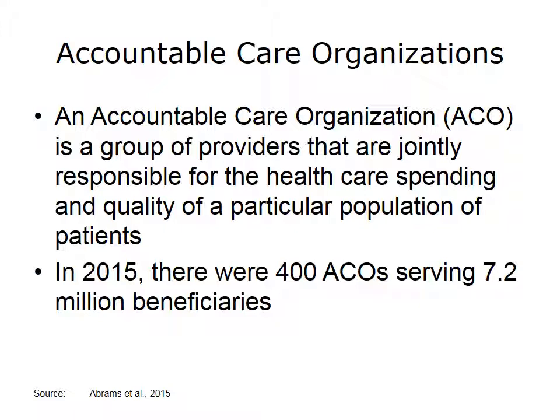ACOs are responsible for providing high-quality, coordinated care to patients while sharing care delivery and financial responsibility for a defined patient group. In 2015, there were 400 ACOs serving 7.2 million beneficiaries. The concept of an ACO is to move toward a system that pays providers based on the quality rather than the quantity of care provided to patients.